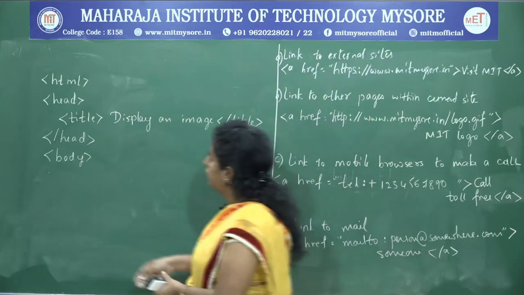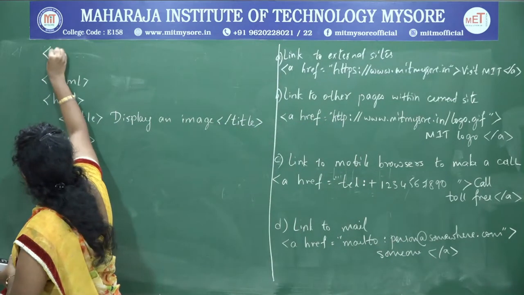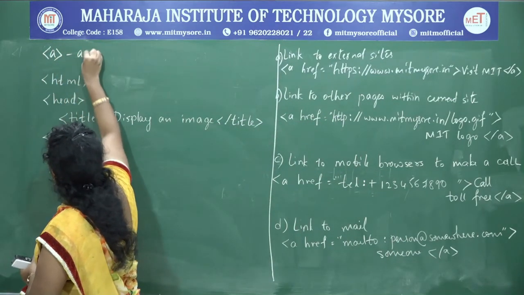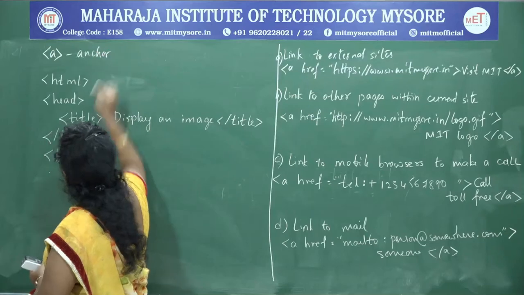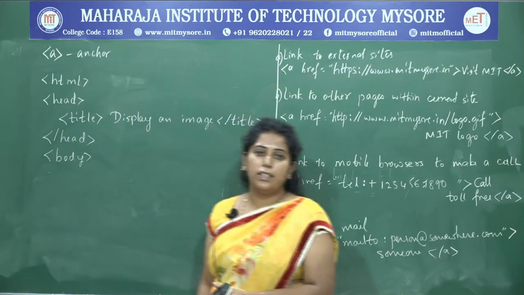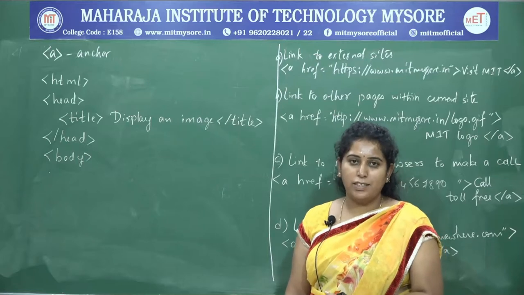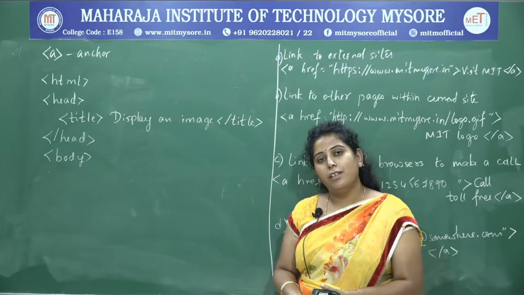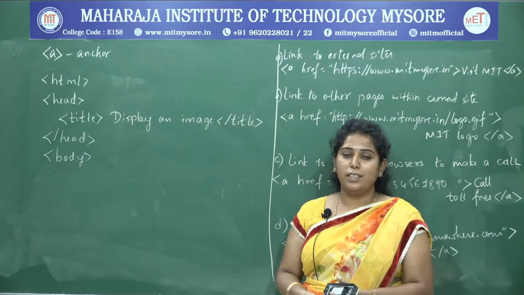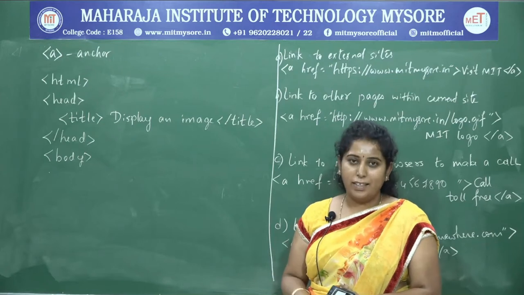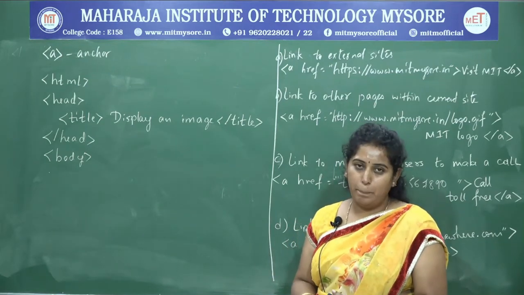Fine. Let us take up the next tag, that is the a tag, which stands for anchor tag. This is the tag which is used for creating a hyperlink. It means a link which makes us access a document in another file or another path.